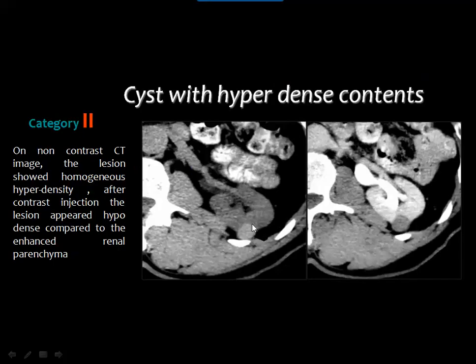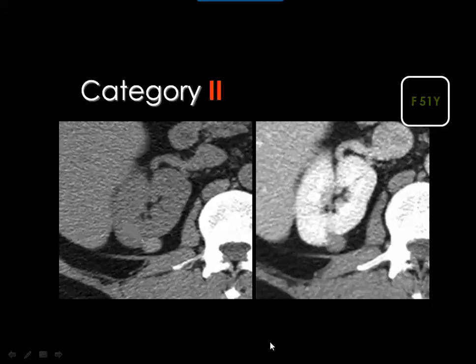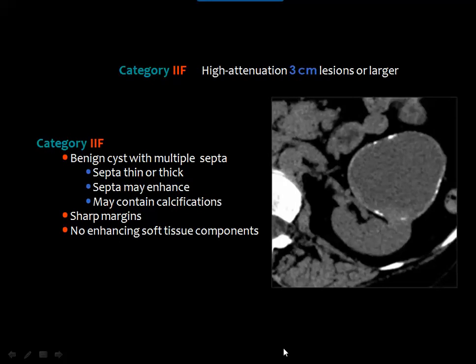You see in the pre-contrast study the cyst is dense, and in the post-contrast study it will appear hypodense because it is compared to the enhancing renal parenchyma. This is category number 2, provided that the cyst is smaller than 3 centimeters. And this is an example of a hyperdense cyst, category number 2, a small cyst with hyperdense contents in the pre-contrast scans.